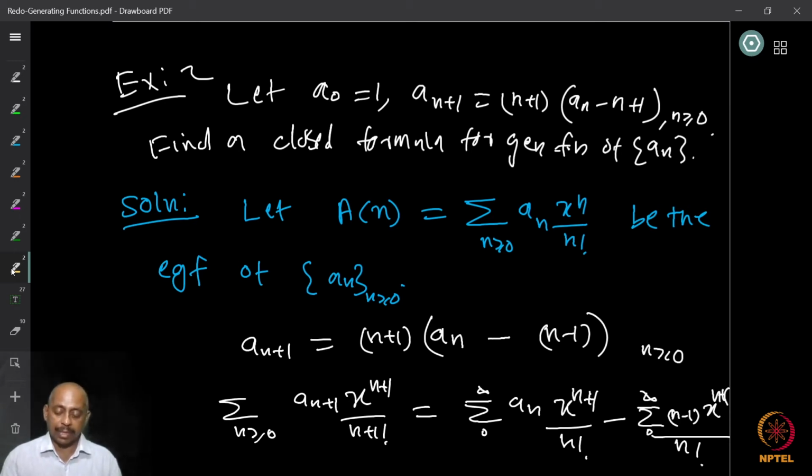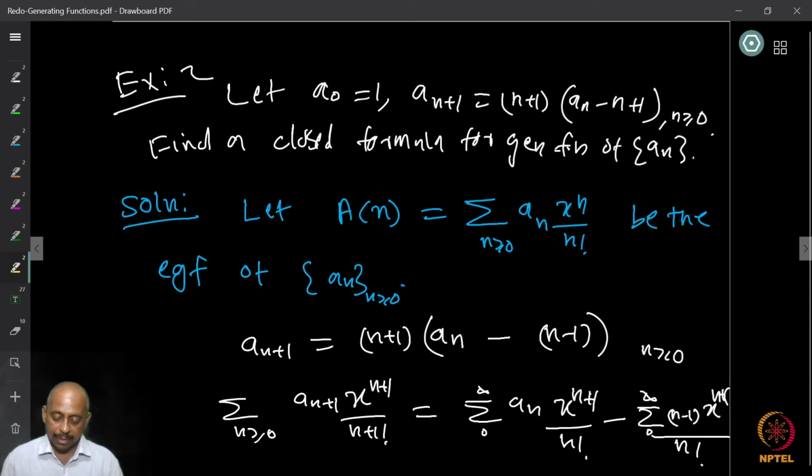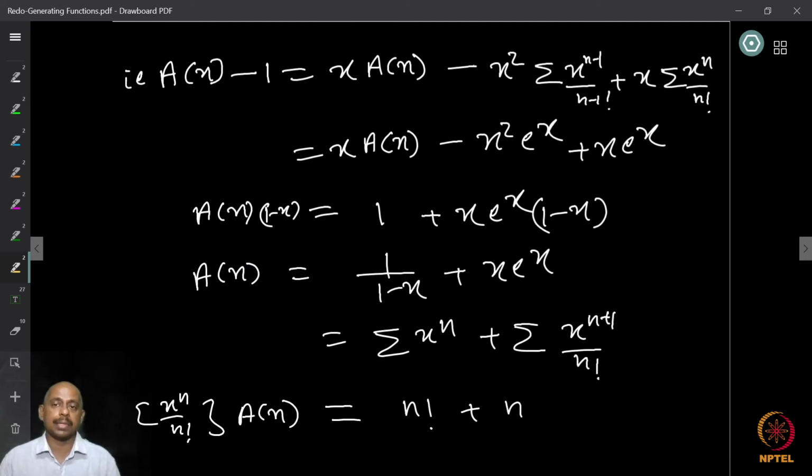And similarly, from the last term, you will get x squared times the summation of x^{n-1} by (n-1) factorial, and then from the 1 by n factorial I will get the summation of x^n by n factorial. So the summation of x^n by n factorial with x outside is x times e^x.